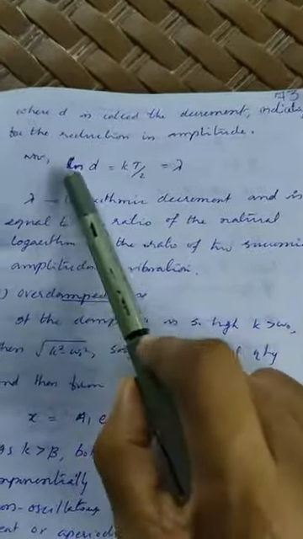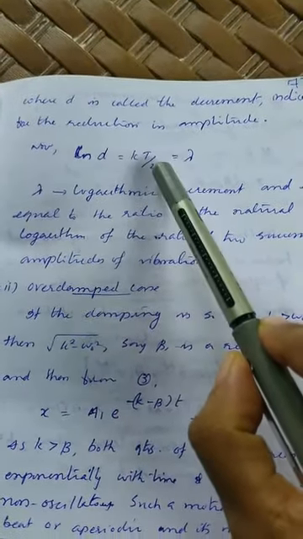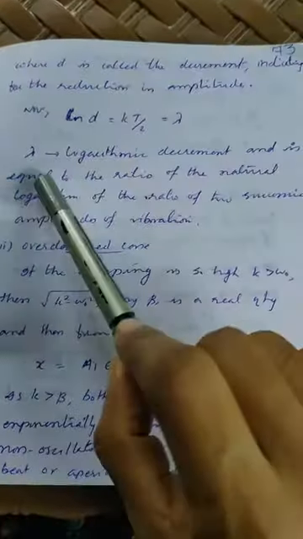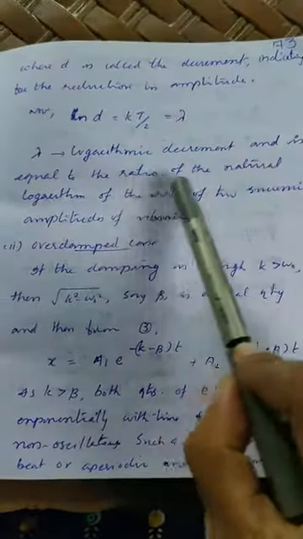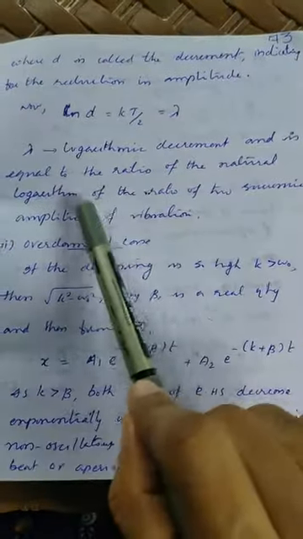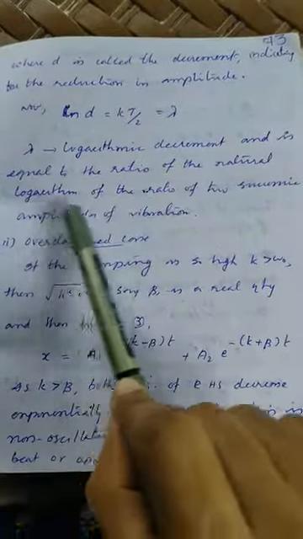If we take the natural logarithm, ln d will become kt by 2, which is equal to lambda, where lambda represents the logarithmic decrement and is equal to the natural logarithm of the ratio of two successive amplitudes of vibration.